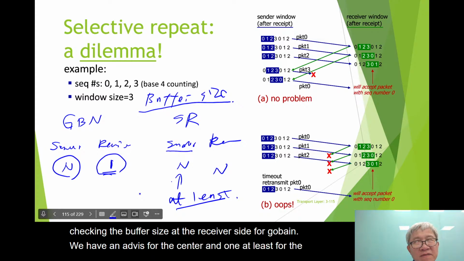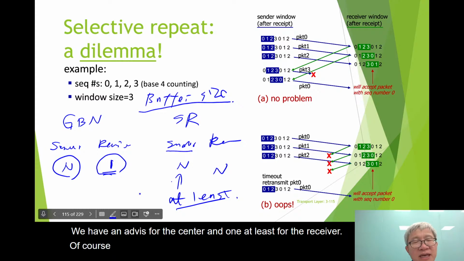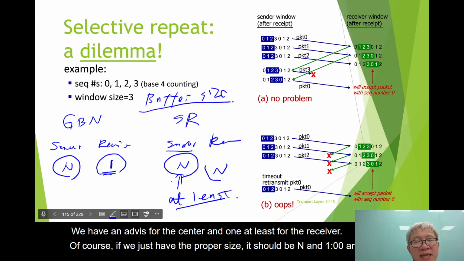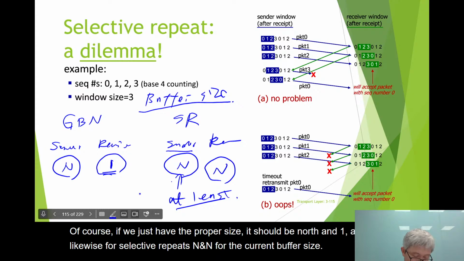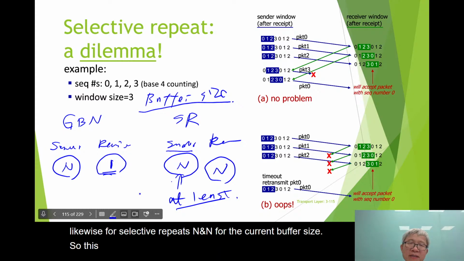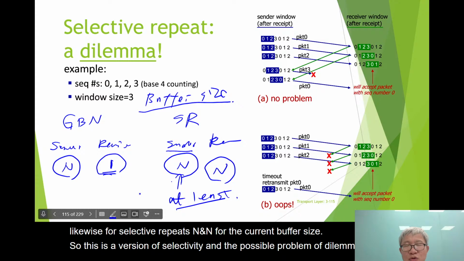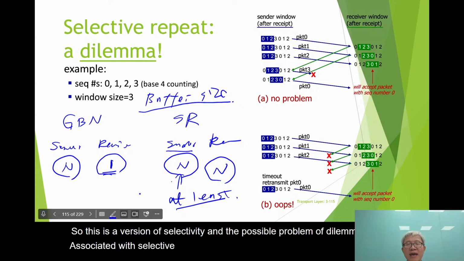And of course, if we just have the proper size, it should be N and 1. And likewise for selective repeat, it's N and N for the current buffer size. Well, so this is a version of selective repeat and the possible problem of dilemma associated with selective repeat and possibly with go back N.